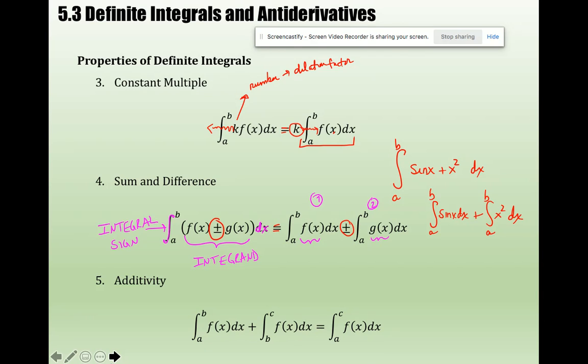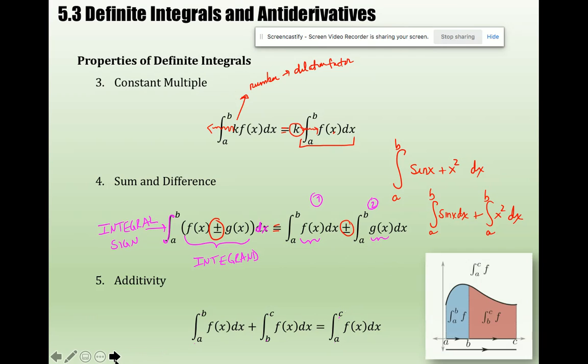This statement works because you can't integrate unless you have continuity. So what it says is, if you start at 1, let's pretend this is 1 to 5, and if you add the integral from 5 to 10, that is the same thing as just integrating from 1 to 10. Here's a picture.